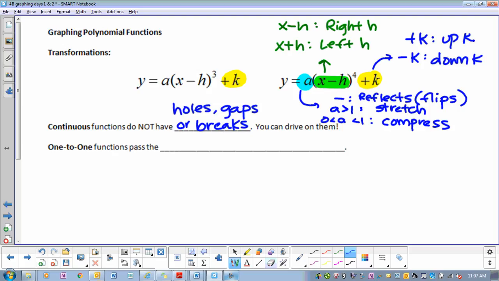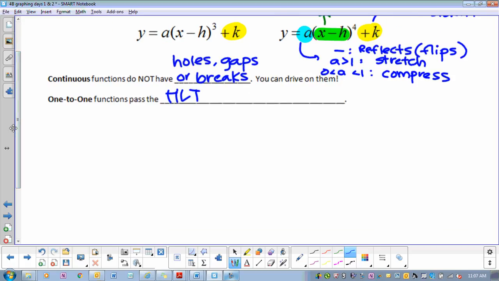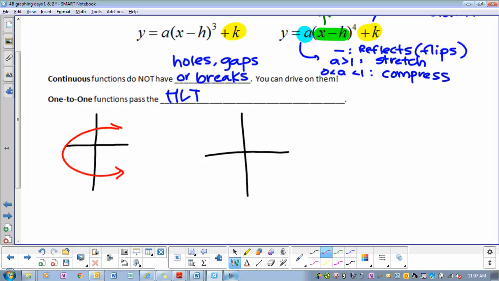One-to-one functions pass the horizontal line test. So if you had two graphs, one graph that looks like this, one graph that looks like that.